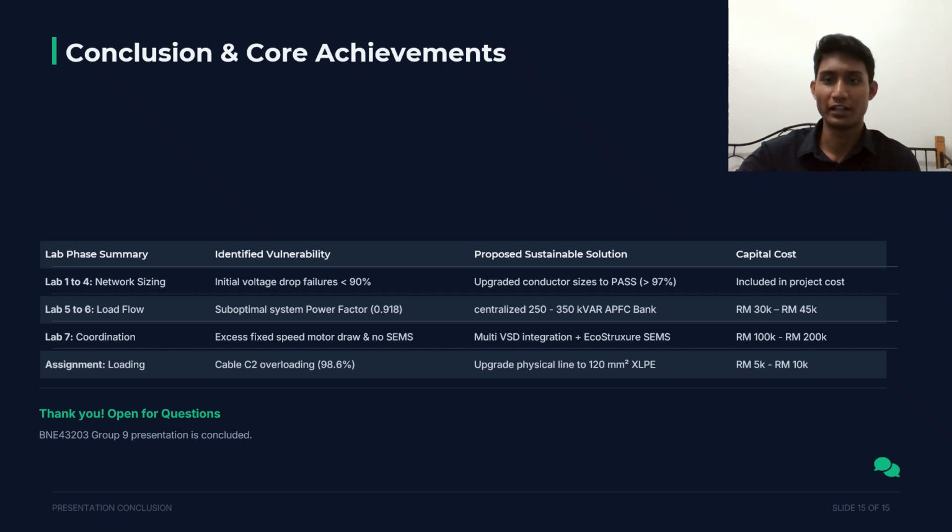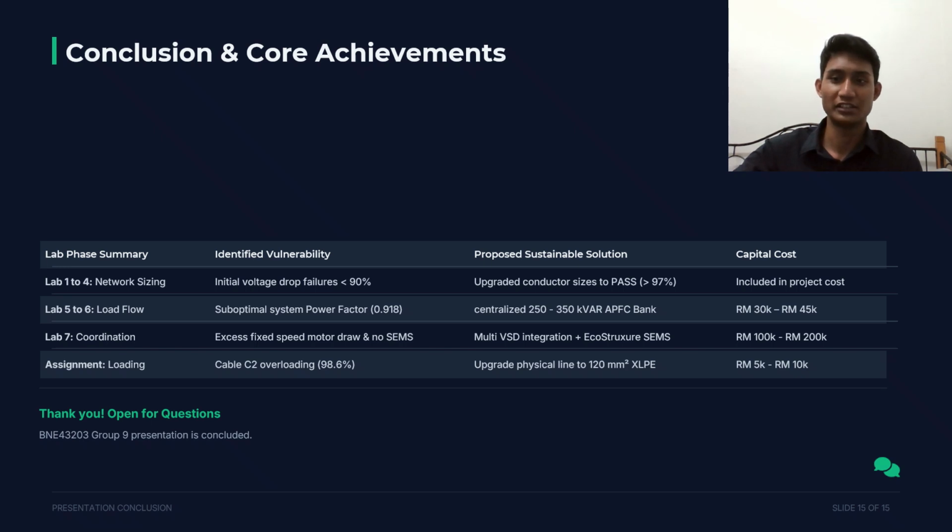During the load flow analysis, we identified voltage drop problems and successfully resolved them by upgrading conductor size, resulting in all buses operating above 97% voltage levels. We also identified several key issues including poor power factor, fixed speed motor operation, thermal cable loading, and the absence of a centralized energy monitoring system.